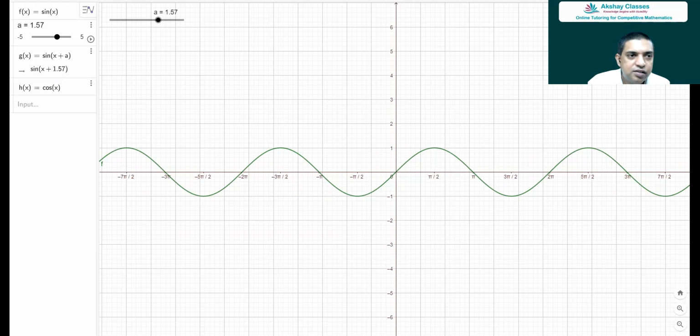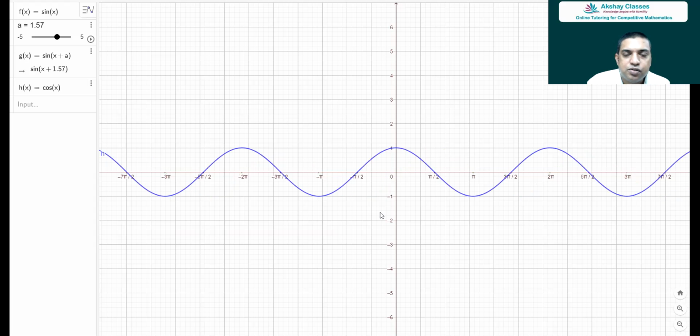Now similarly, for the integral of cos x from minus pi by 2 to 0, the value will be 1, and from 0 to pi by 2 again the value will be 1, because it's symmetric.